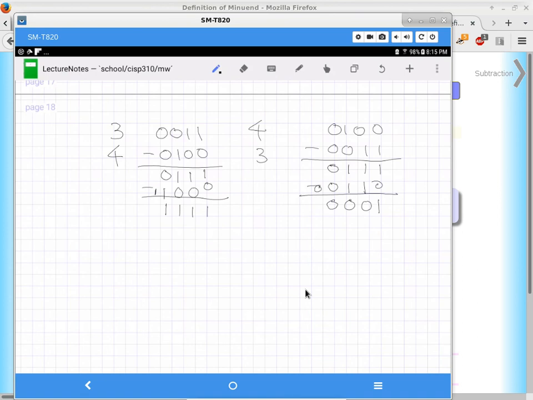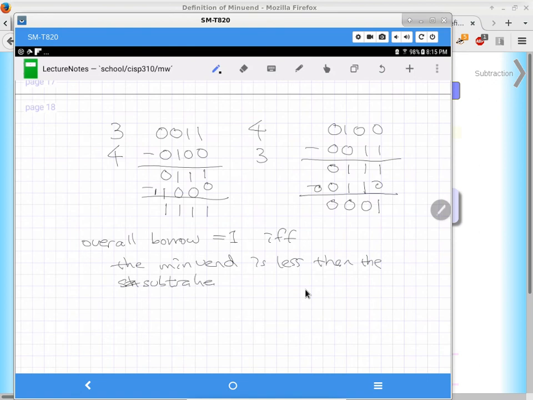So we are saying that the overall borrow is a 1 if and only if, not just if, not just only if, but if and only if the minuend is less than the subtrahend. That's my claim.